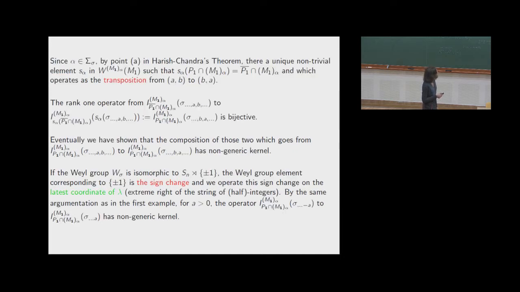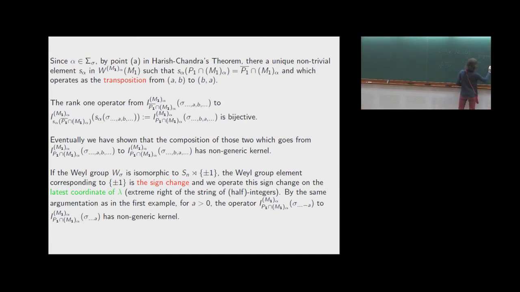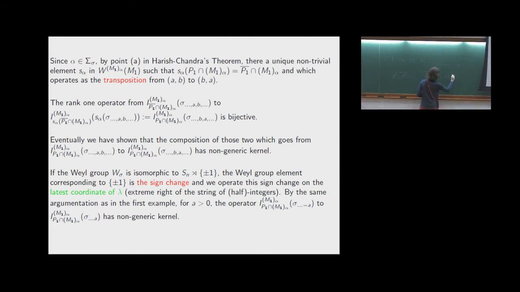And the second operator is the one which is given by the action of s_α, so in the Harish-Chandra theorem. And here you apply s_α to this P1, so σ is fixed. And s_α applied to λ is just a transposition. So you just use the classical definition of s_α.